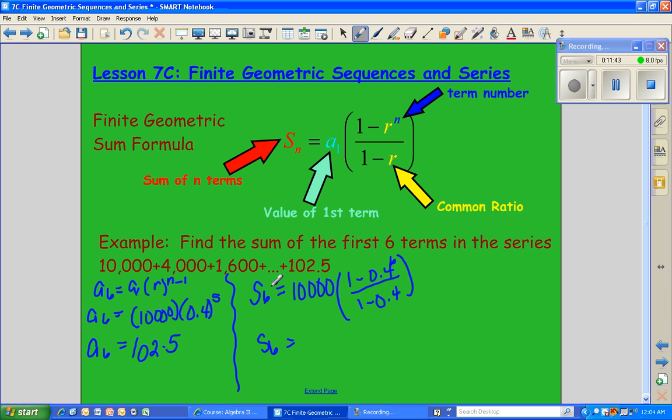So 1 minus 0.4 to the 6th power divided by 1 minus 0.4, and then times the 10,000 is going to get us for a total sum of 16,598 and then 0.4.